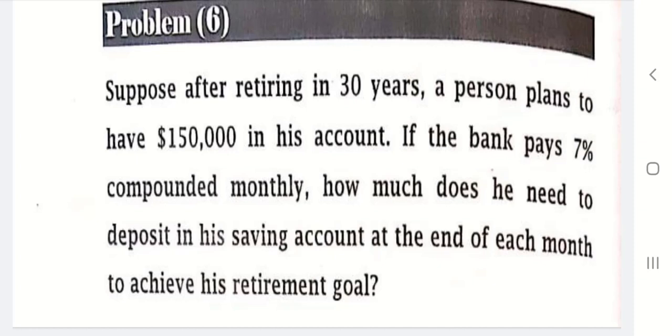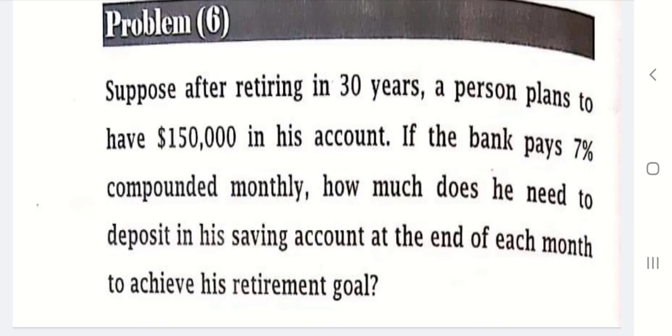In this example, we don't have R, we have S sub n, which is equal $150,000, and the total time here 30 years, and the nominal rate 7%, and it's compounded monthly, so M will be equal 12 and I will be equal 7% over 12.